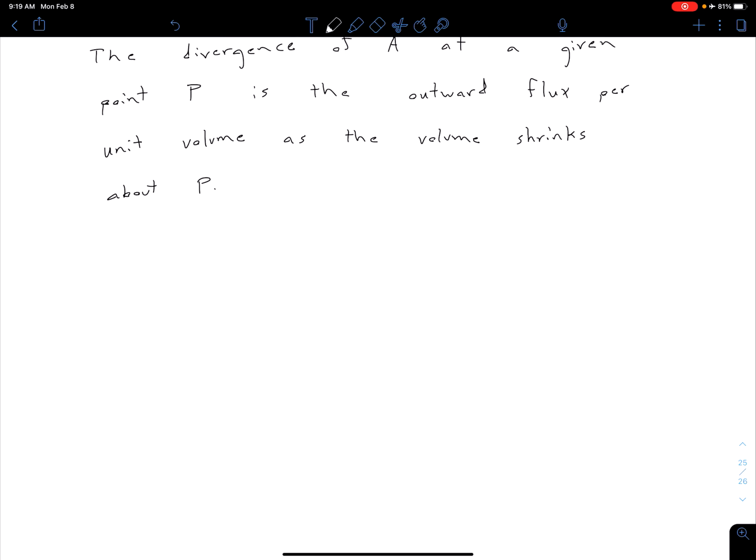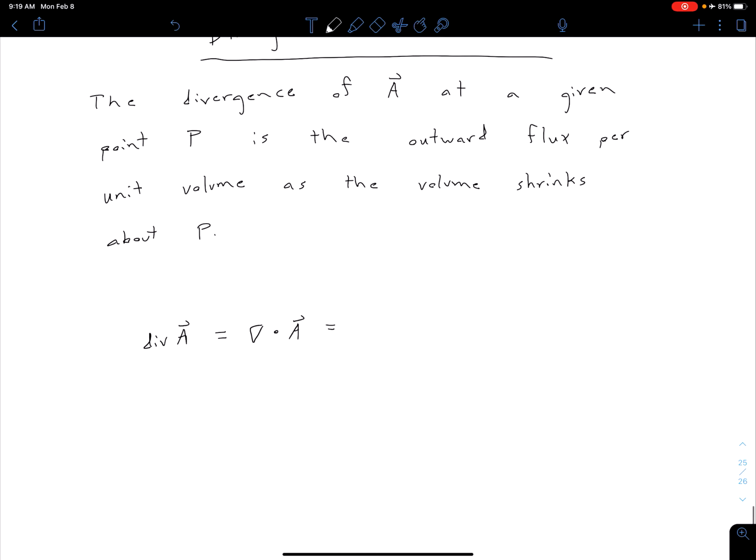So first of all, we can write the divergence of A as div A, a little shorthand there. And this is going to be equal to our del operator dot A, so we're using our dot product. Adapting our written equation above to a mathematical equation, we have the limit as our volume, delta V, goes to 0 of the outward flux.